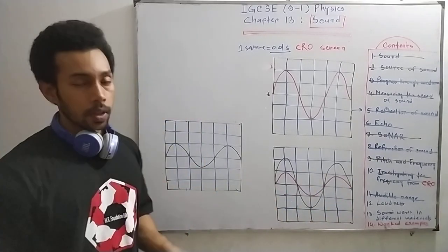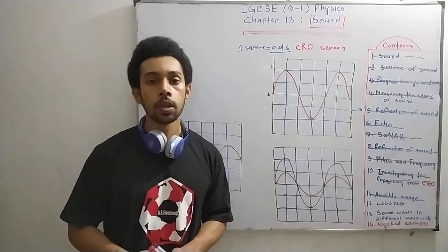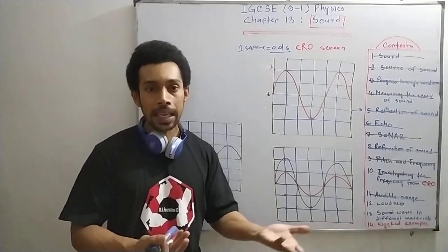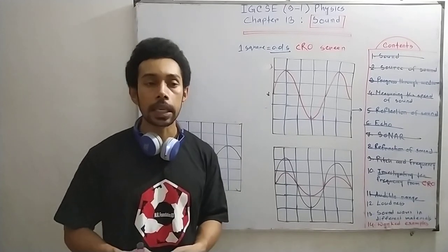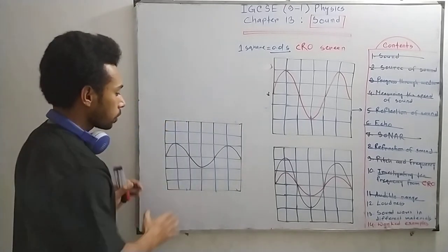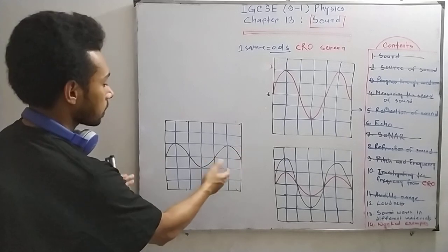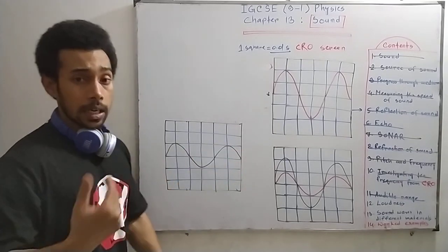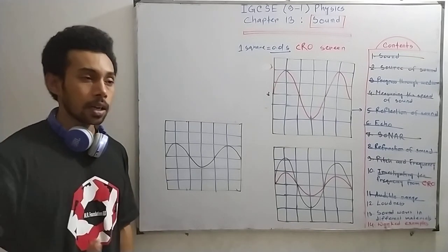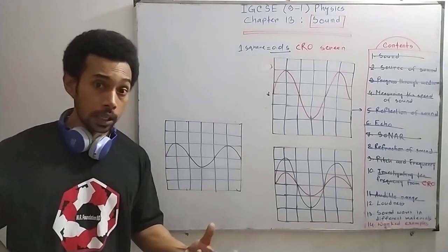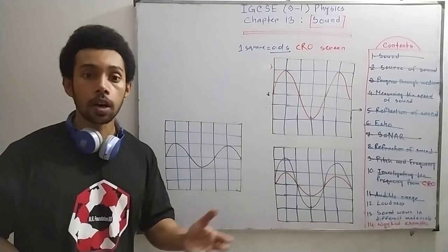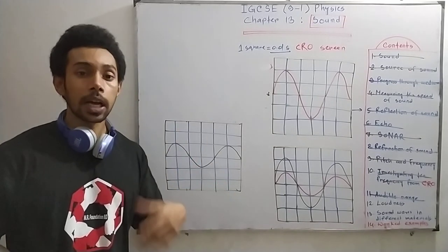Another example, you are often asked to draw a sound with varying frequency and varying amplitude, loudness. Suppose this is a trace of a sound wave produced on a CRO screen, and you are asked to draw a sound that is louder and higher in pitch, or the louder sound with high frequency.